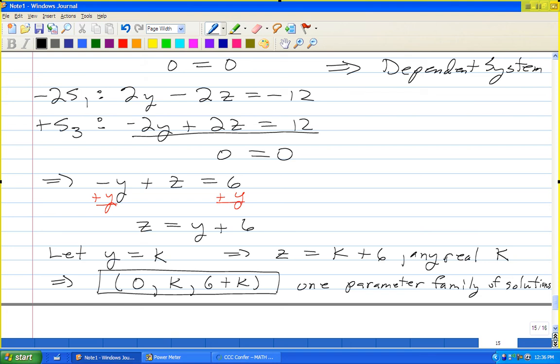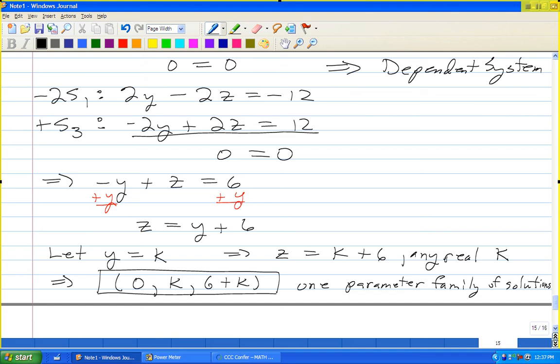So you know that it's not independent. Well, it could either, so you know it's not intersecting lines. If 0 equals 0, if you have a case where it's a number equals a number, then I know it's not intersecting planes.